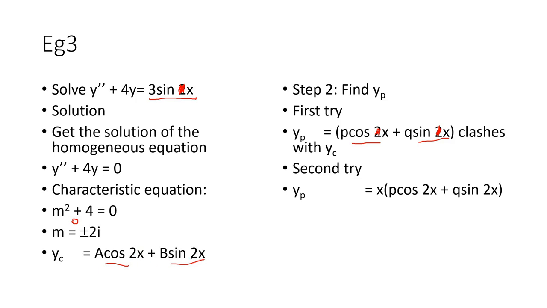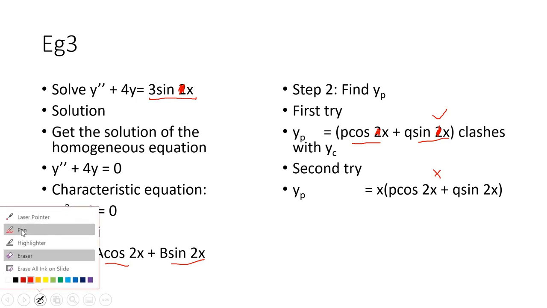However, this is 2x, right? Different. Even though they are sin and cos, their coefficients must be the same. Understand. So if the right hand side is sin 1x term, then your yp does not clash, then you just use this one. No need to multiply by x. Is it clear? Yes, doctor. Clear.